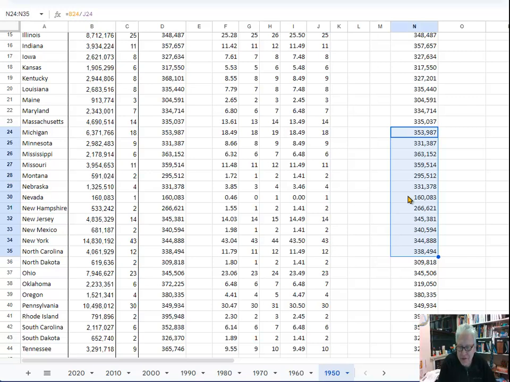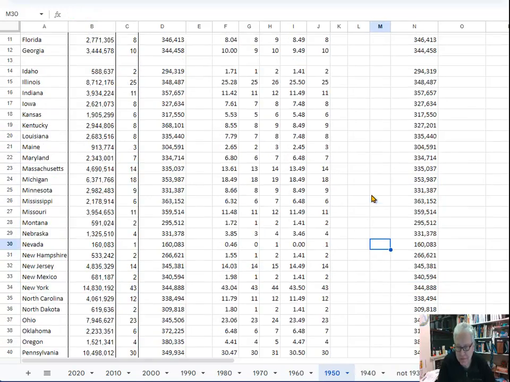But it doesn't have to. 160,000 is just fine. In fact, even if it had just 500 people living in the state of Nevada, it would have still gotten the one seat here, due to the calculation of the Huntington Hill method and due to, of course, the constitutional mandate. So again, that's a nice side effect of that.